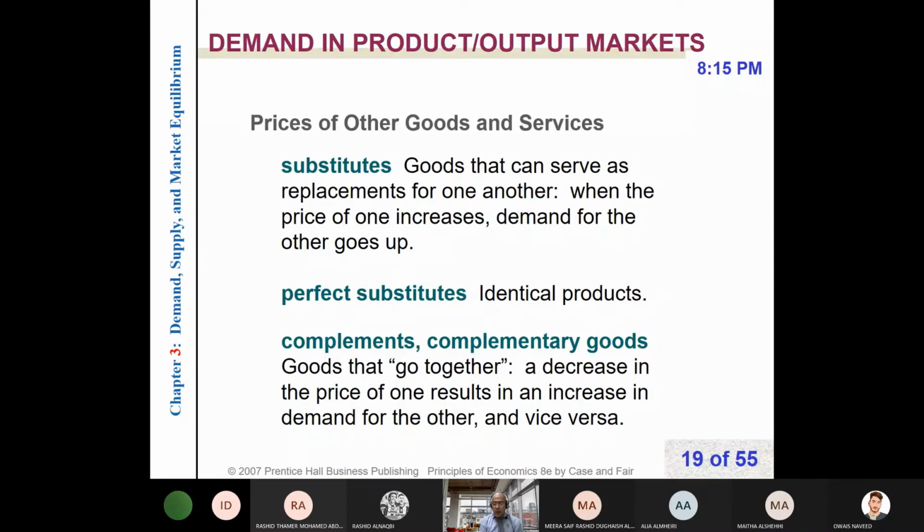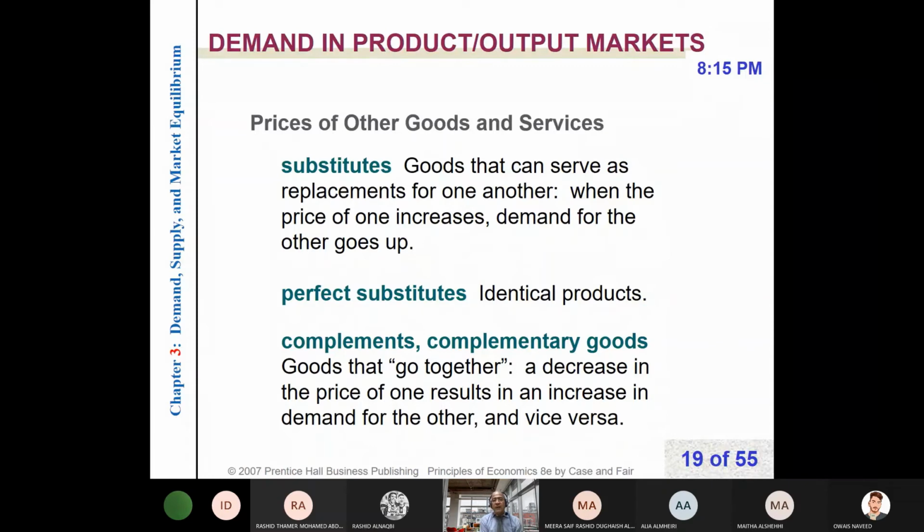Okay, so Awais is a student, so it's expected to answer correctly. If the price of coffee increases, I will buy less coffee but more tea, so demand for tea will increase. See here the effect of the price of coffee on demand for tea. The relationship is positive.